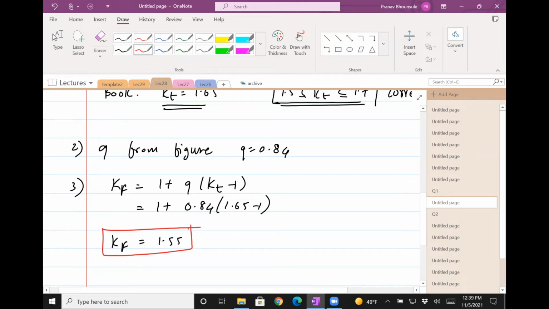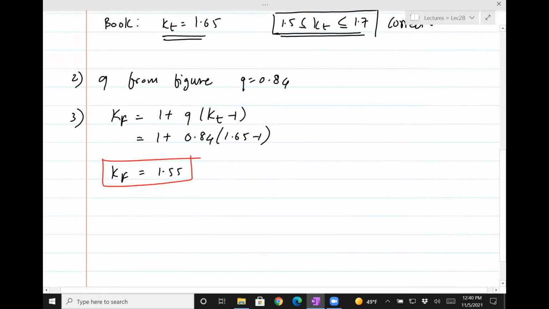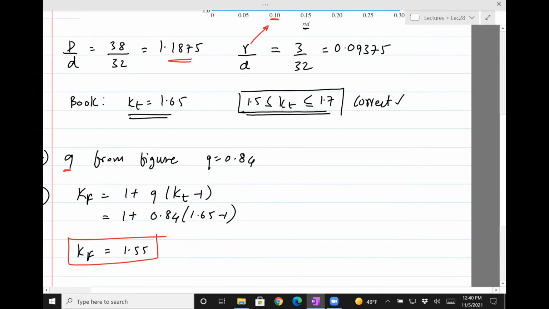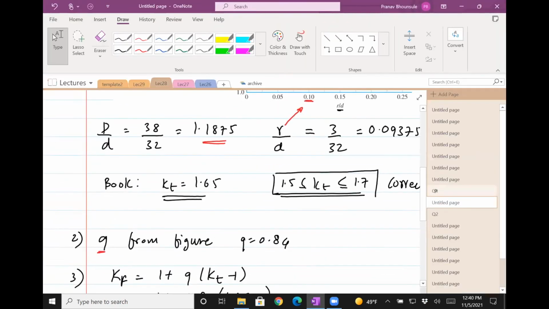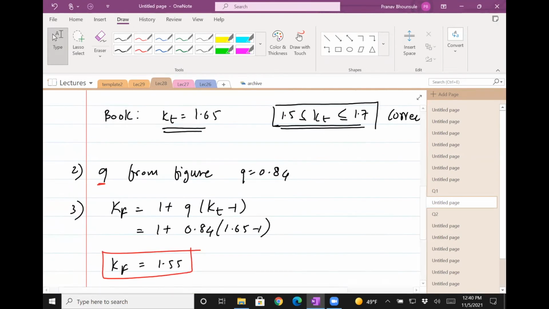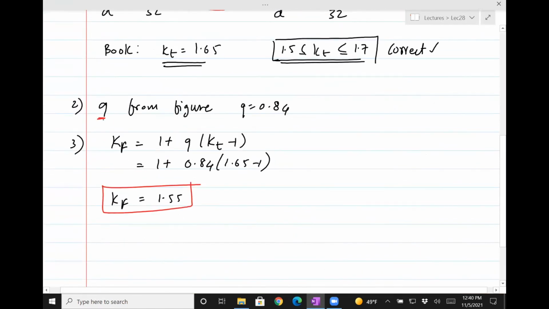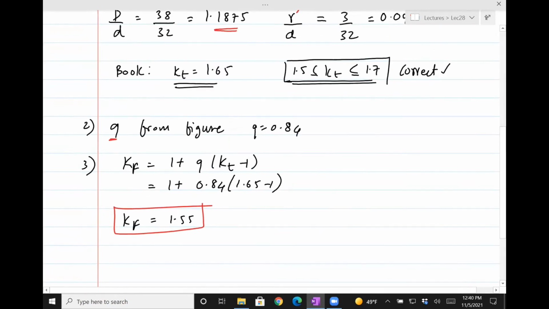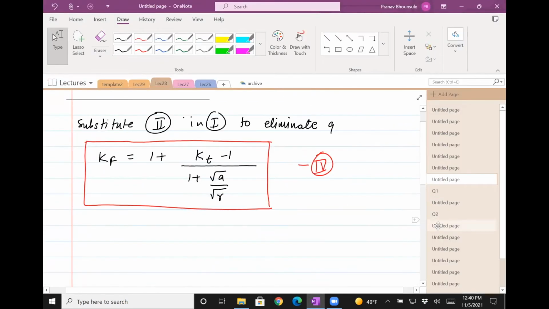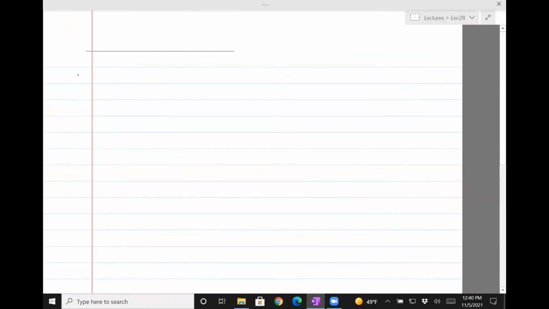So this is the solution for part one, where we find Q from the figure. As the question asks, we can also solve this using the equations. So the only thing we need to do now is change this from using the figure to using the formula. So let me start it all over again. Part two.